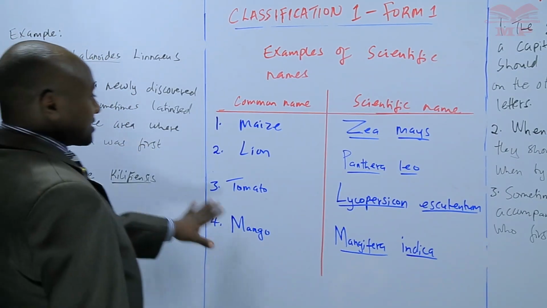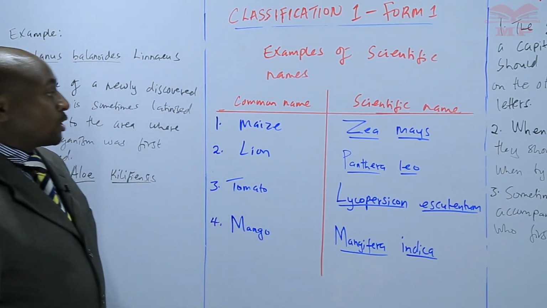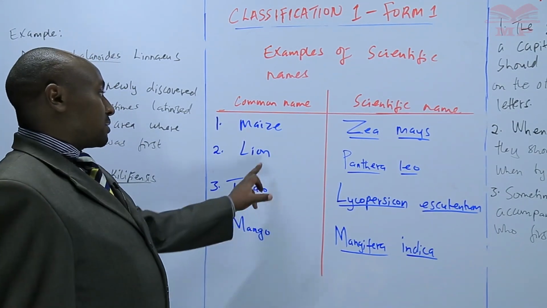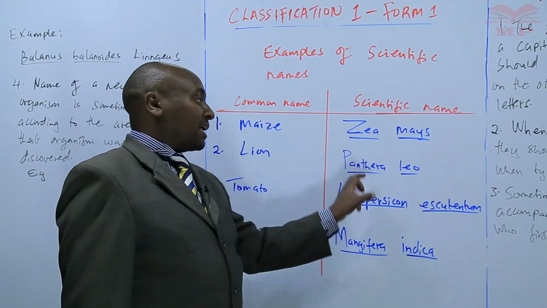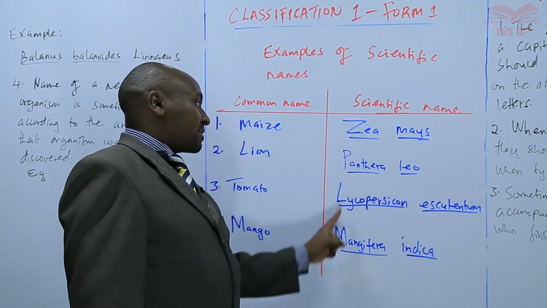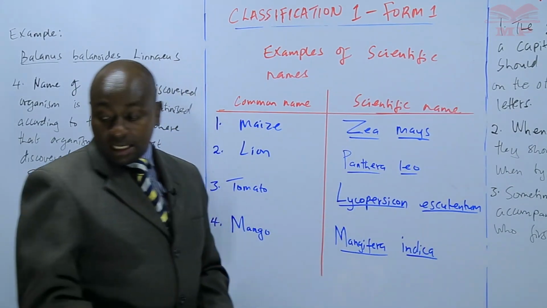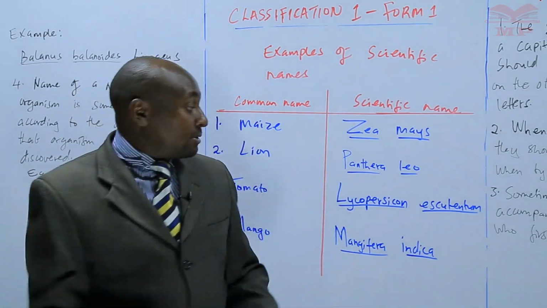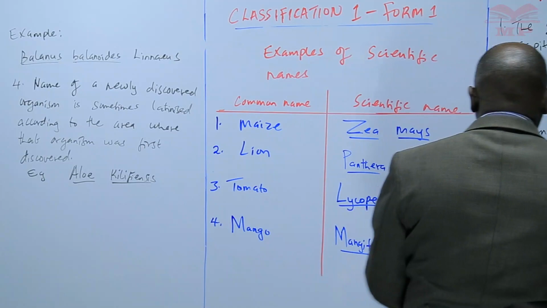So those are just a few that you can use to practice the rules. Just to find that the names must be underlined separately. The first letter of the genus name should be capital. So we are going to have an assignment based on this.